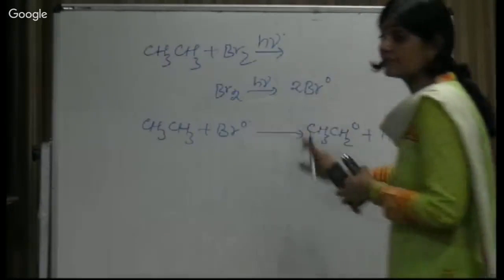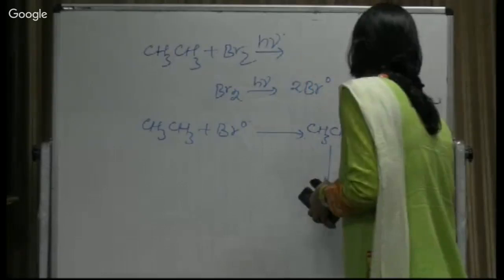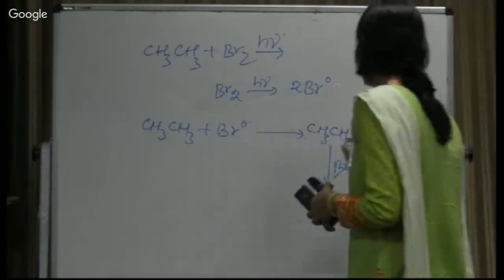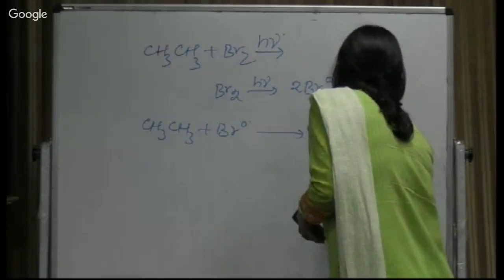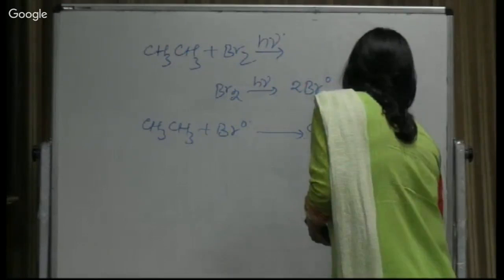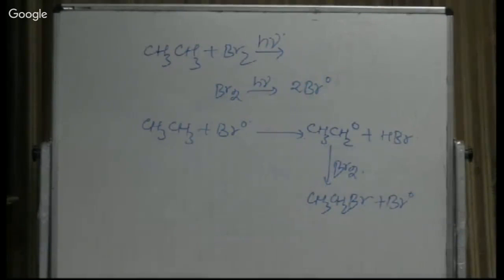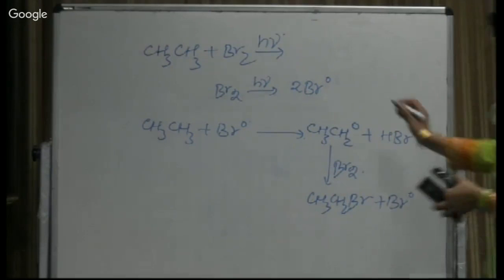You get an ethyl free radical being formed. This ethyl free radical will further react with bromine, and what will happen? Right? So this is the chain initiation step.